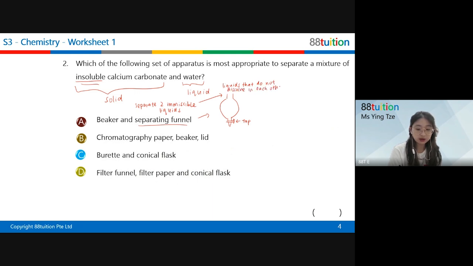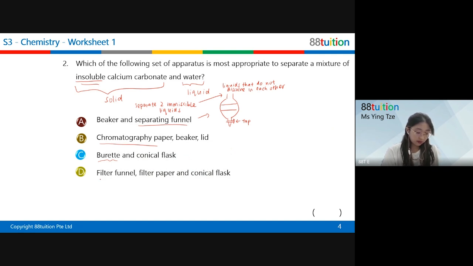For example, water and oil can be separated using this kind of setup. Then for chromatography paper, this one is to carry out chromatography, so it is not for separating a mixture of solid and liquid. Burette and conical flask: a burette is to measure things, right? It's not for separation techniques.